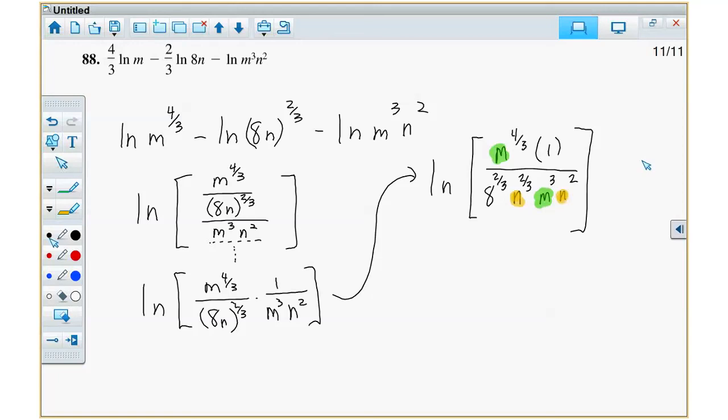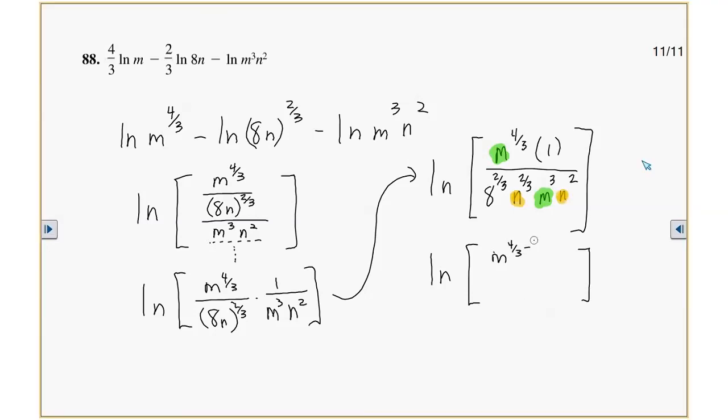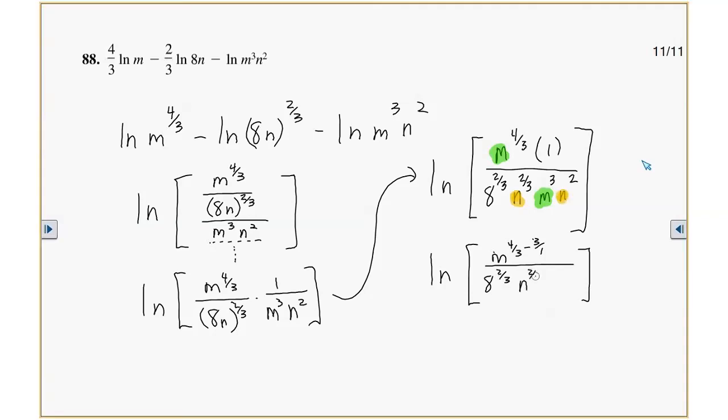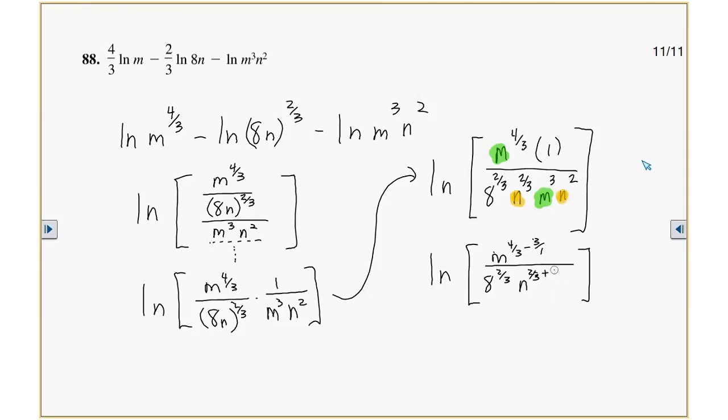So do that, and we get natural log, brackets, and I'm going to put m to the 4/3 minus a 3 over 1 right here, because I'm going to change it, over 8 to the 2/3, n to the 2/3, plus 2 over 1.